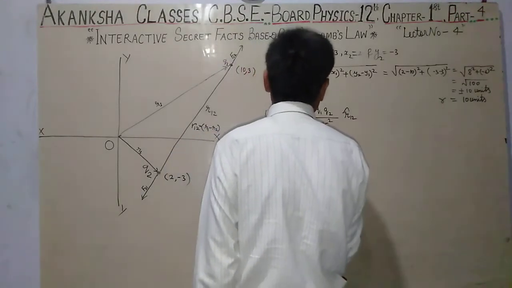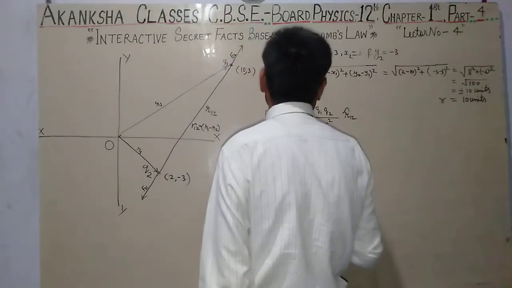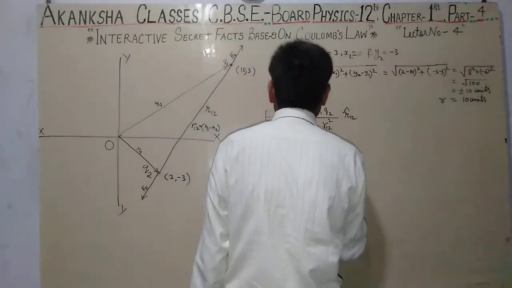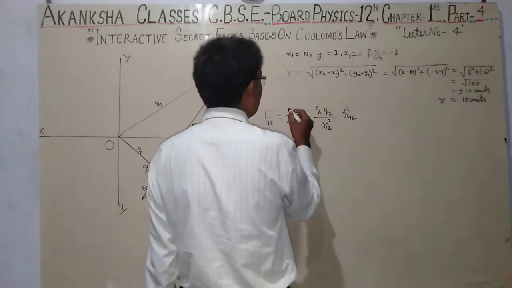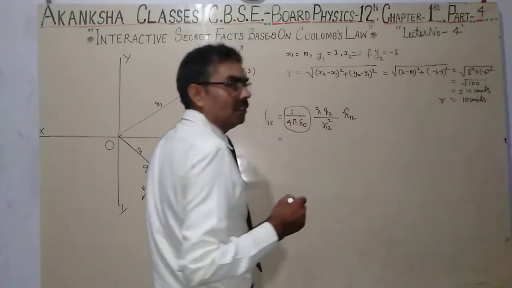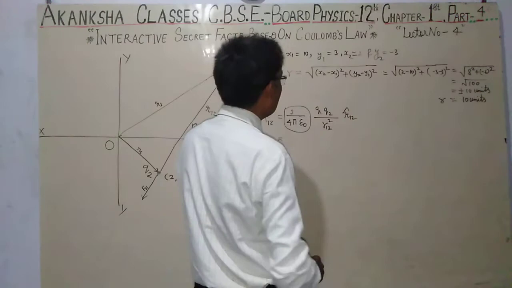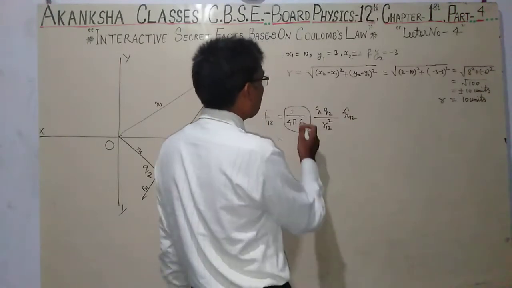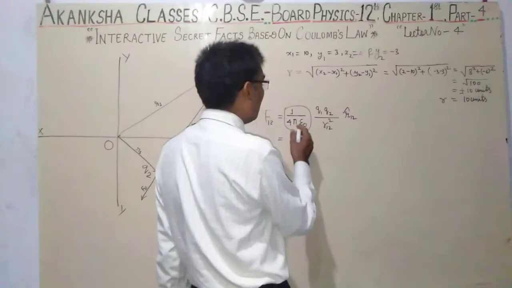Students, now we have to calculate by putting in the values. The value of this constant is known by everyone, epsilon naught, that is the permittivity of free space.